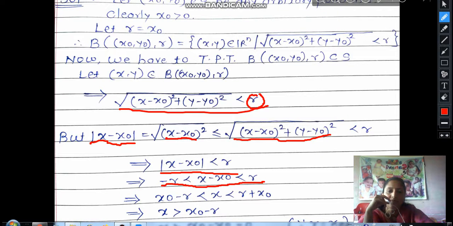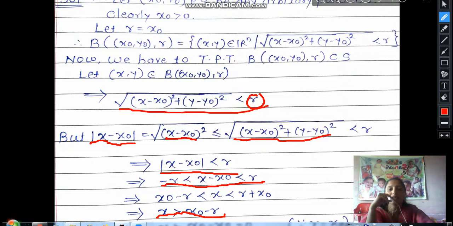Remember? Okay. So adding x0 to each term, we get x0 minus r is less than x is less than r plus x0. From this condition, we get x is greater than x0 minus r.